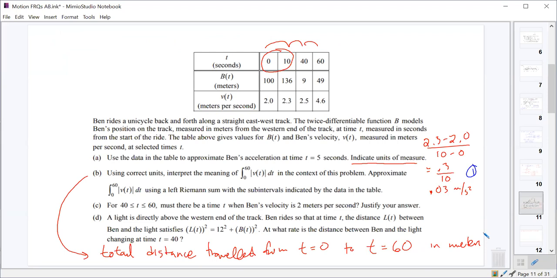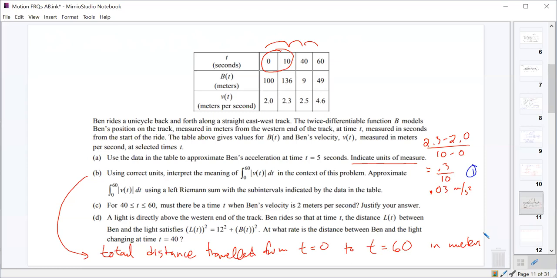Yeah. All right, part C. From 40 to 60, is there a time where his velocity is 2 meters per second? So there's two different ways we could look at this problem.